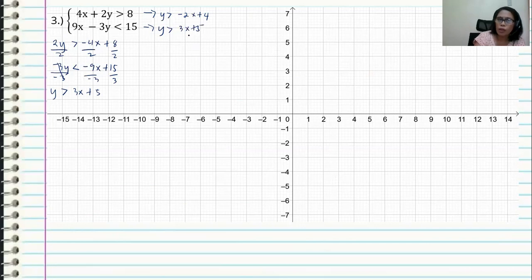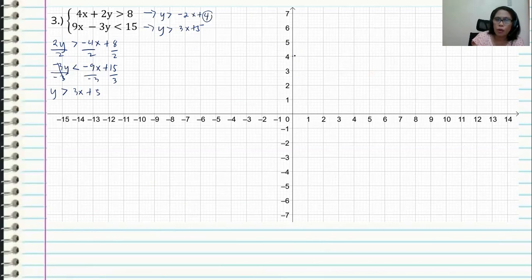So both inequalities here are in the slope intercept form. So we can easily sketch the graph of each inequality by using either a dashed line or a solid line. But in this case, we're going to use both dashed lines. So we're going to consider the y-intercept for the first inequality, 0, 4.